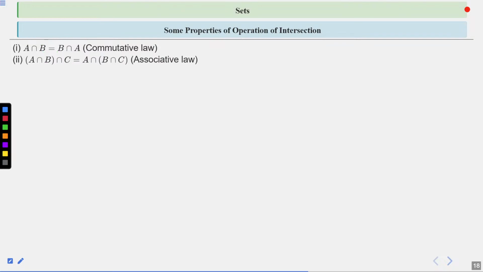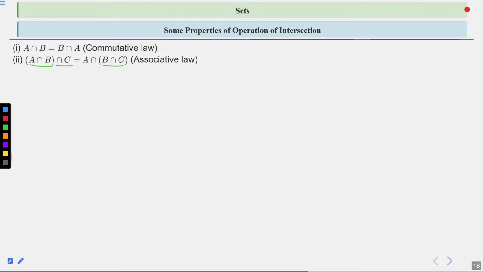Now, associativity holds here. If you have three sets, suppose A, B, C, and you do intersection between the first two sets A and B, so A intersection B and then intersection with C, the result will be the same as doing B intersection C and then A intersection with B intersection C. Clear?